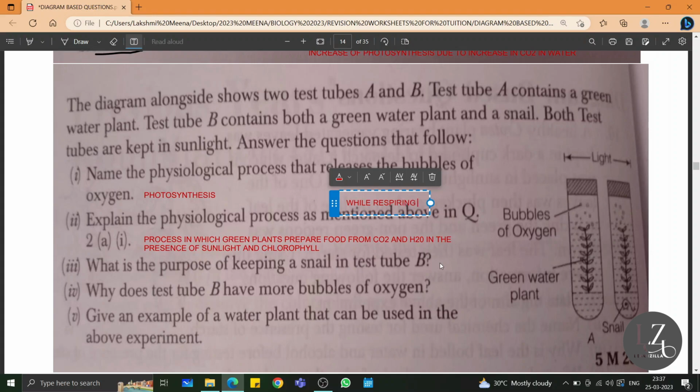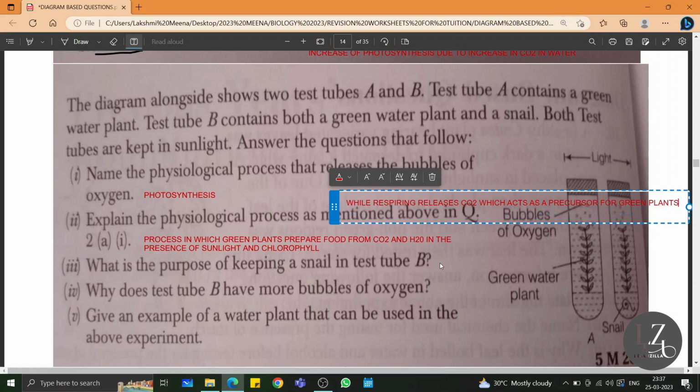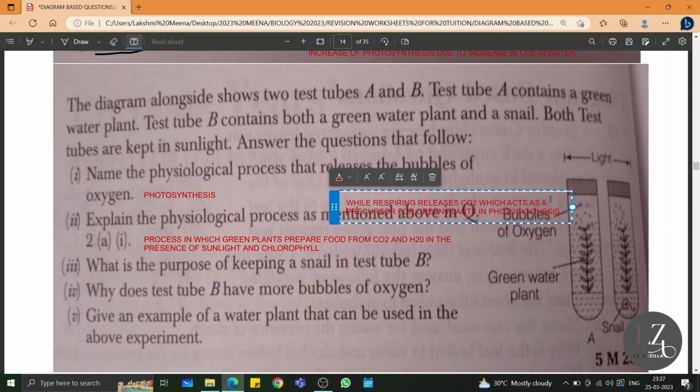Snail while respiring releases carbon dioxide, which acts as a precursor for green plants in photosynthesis, or for the process of photosynthesis.